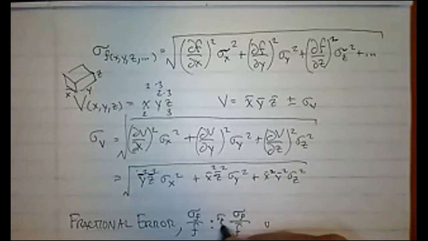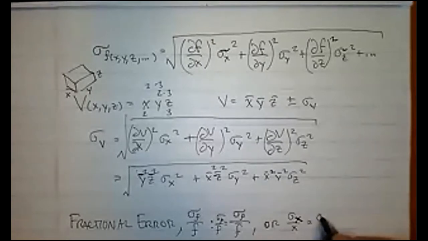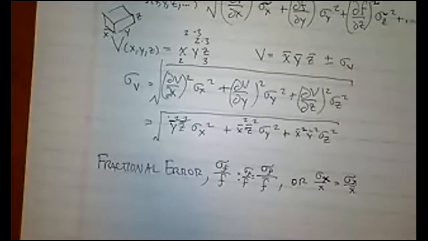That's sigma f over f. You could also say sigma x over x is the symbol that you use to label it, but the formula for it is sigma x over x bar. So by introducing that, we can do something kind of neat.